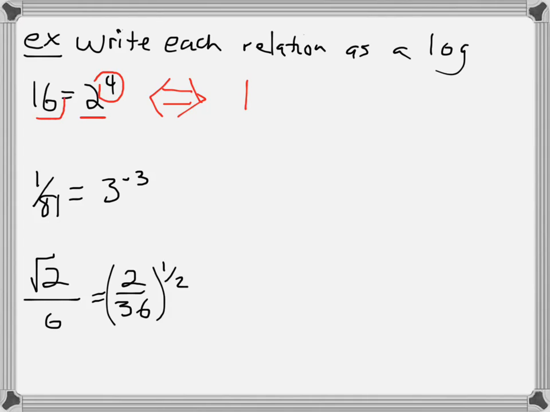Good. And this is going to be the number that we're going to log. We're going to log this number, this is going to be our base, and this is going to be the exponent, what everything equals. So what I'm saying here is that the log, and then the base is 2, of the number 16 equals 4.